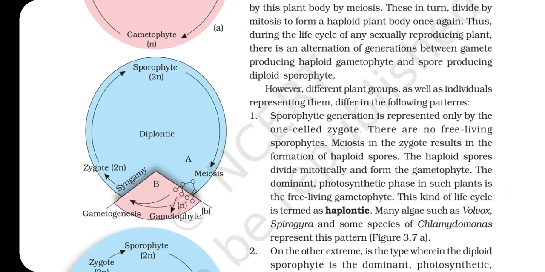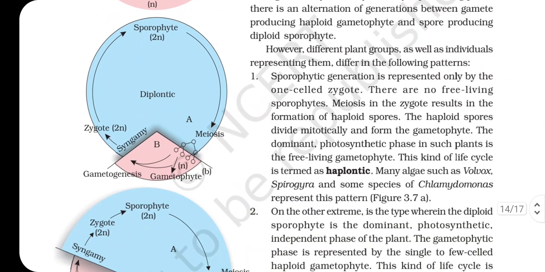Different plant groups, as well as individuals representing them, may differ in their life cycle patterns. In one pattern, the sporophyte generation is represented only by the one-celled zygote. There are no free-living sporophytes. Meiosis in the zygote results in the formation of haploid spores. The haploid spores divide mitotically and form the gametophyte.